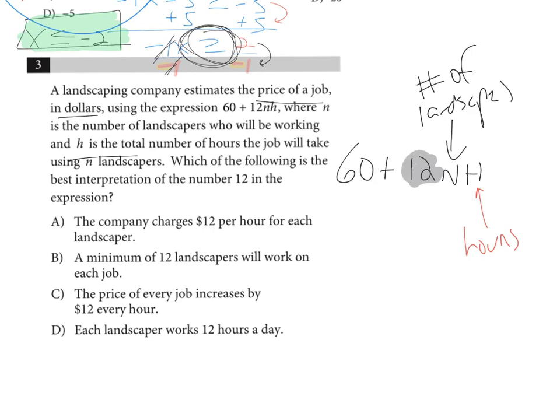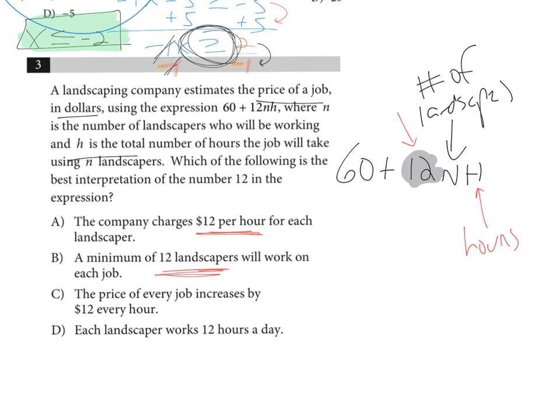So the first thing I do is I always read my answer choices. The question is, what does this number 12 represent? Letter A, the company charges $12 an hour. So 12 represents money. Letter B represents a minimum of 12 landscapers. So A is money for 12, B is landscapers for 12.